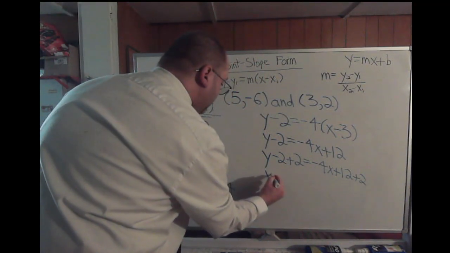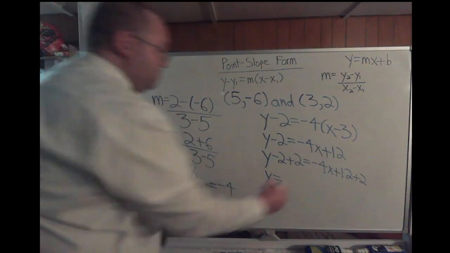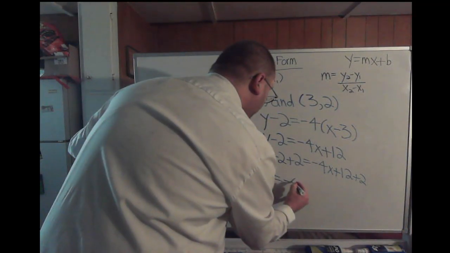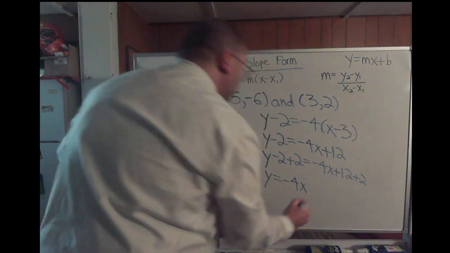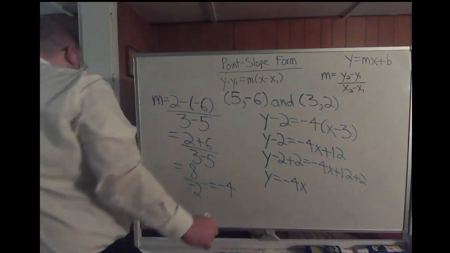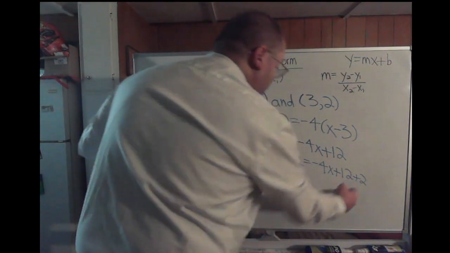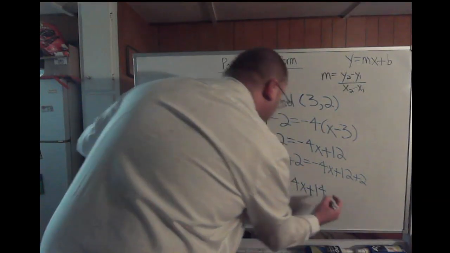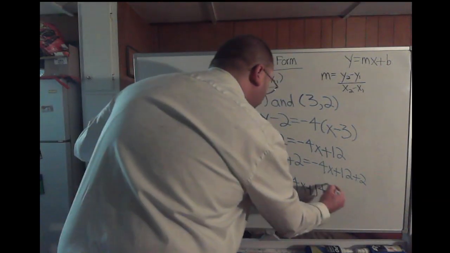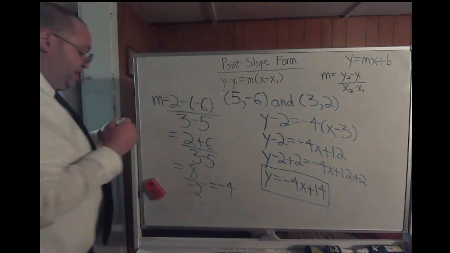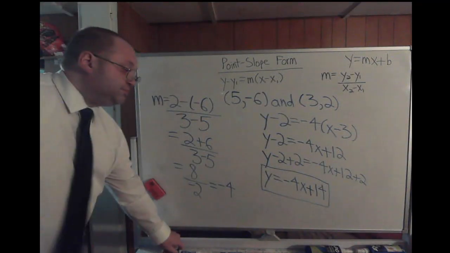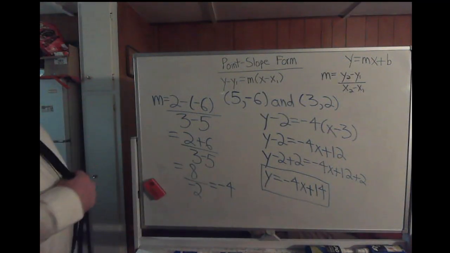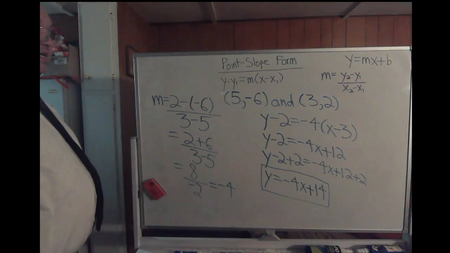You just got y by itself, which you'll have on the right side, negative 4x plus 12 plus 2. 12 plus 2, that's 14. So we now have the slope-intercept form of the equation where you have y equals negative 4x plus 14. That would be our answer, negative 4x plus 14.